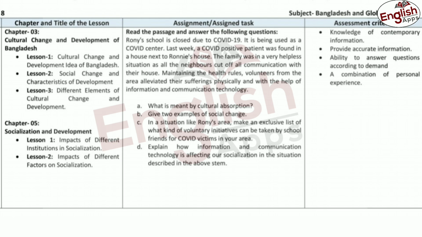Question number 4. Explain how information and communication technology is affecting our socialization in the situation described in the above stem. There are 4 questions according to the stem and we have to answer these questions. So we will now discuss the answers of these questions according to this stem.